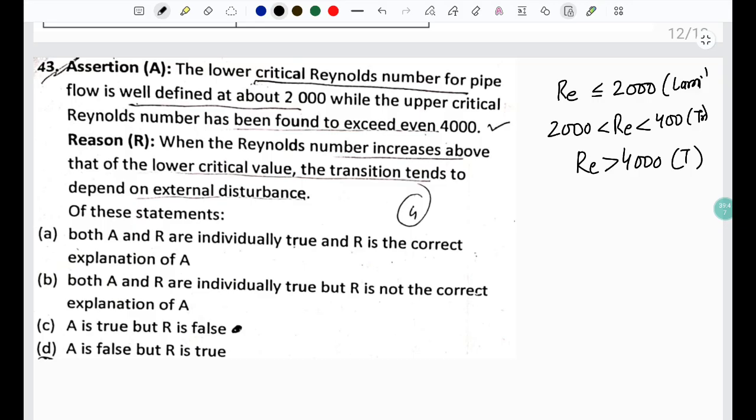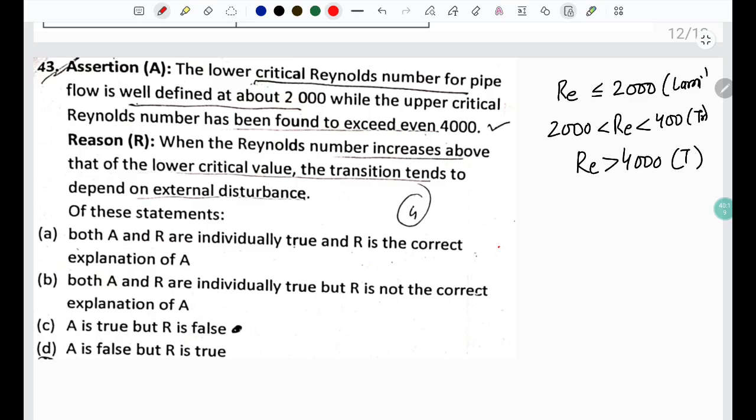Then it said when the Reynolds number increases above that of the lower critical value, the transition tends to depend on the external disturbance. Now I was not sure about how external disturbance could affect the transition, and how the Reynolds number can increase above the lower critical value of 2000.